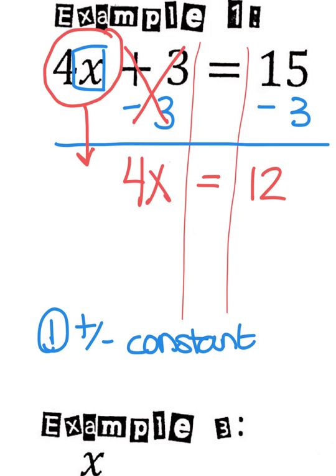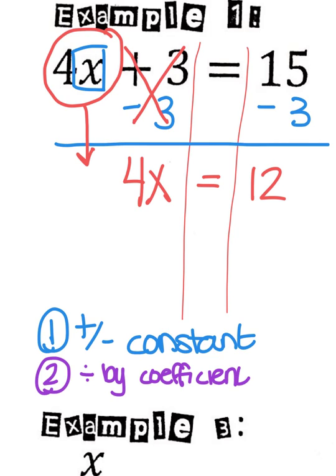In this case, we're going to divide by the coefficient. What is my coefficient? The 4 in 4x, not the x, just the 4. So we're going to divide both sides by 4. 4 over 4 cancels out, and I'm left with x equals 12 divided by 4, which gives me 3.